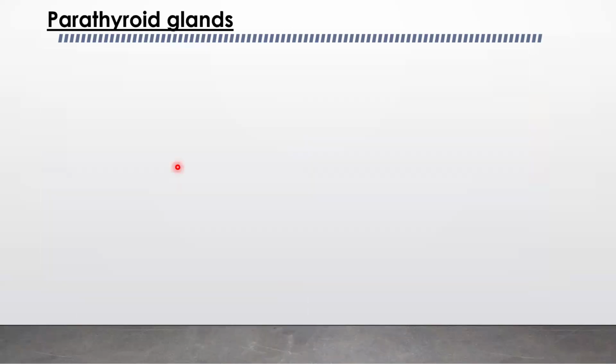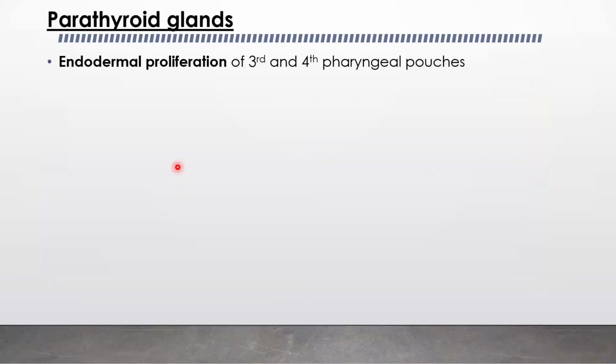So how then do the parathyroid glands develop? They develop from endodermal proliferation of the third and fourth pharyngeal pouches. Of course, we know a pharyngeal arch contains a cleft, a pouch, and a tissue, which will give you the muscles, the arteries, and other structures. So the parathyroid glands develop from endodermal proliferation.